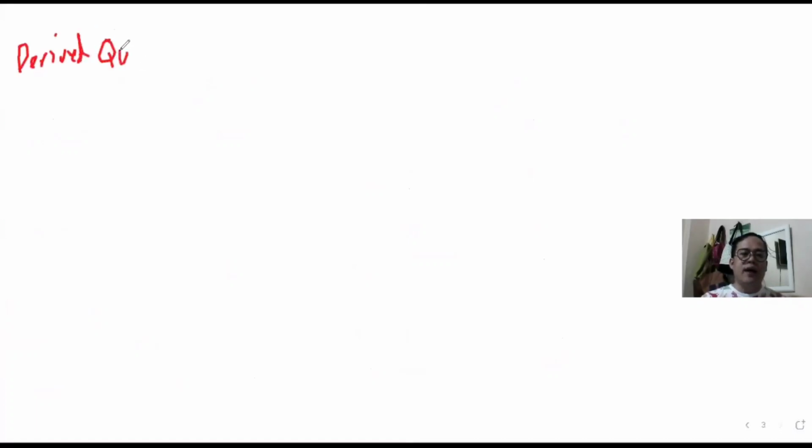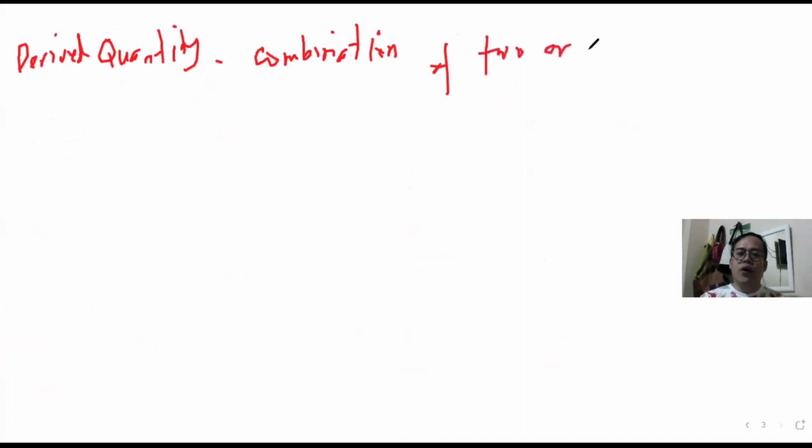Derived quantity, because it is a combination of 2 or more basic quantities. When we combine these basic quantities, we form a derived quantity.